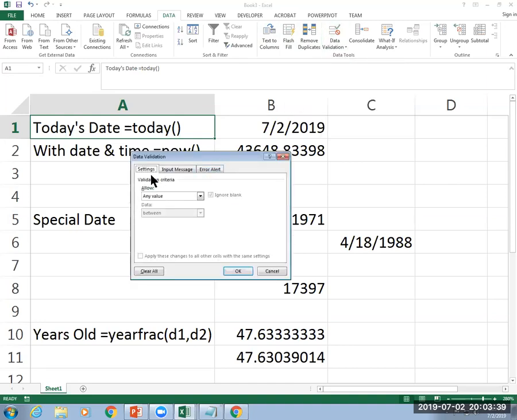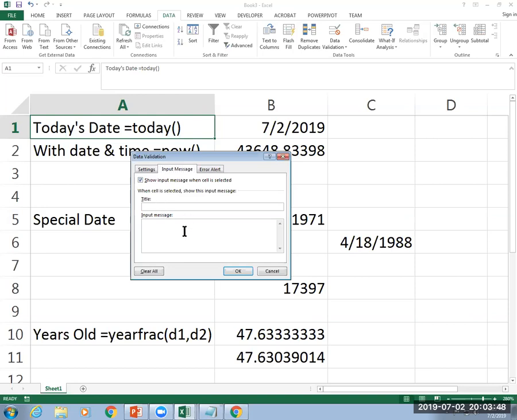When you do data validation, where it says Input Message, you can put in a title. The title will show up in bold, and your message will show up in normal text.